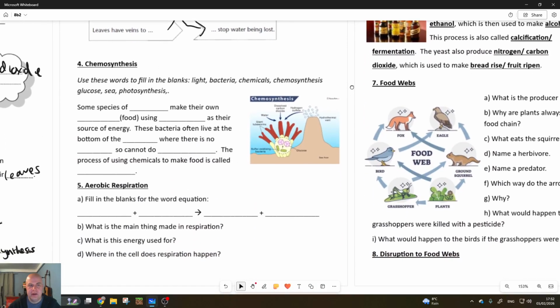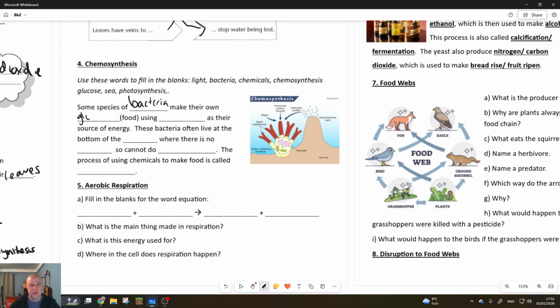Now we're going to look very quickly into the process of chemosynthesis and aerobic respiration. Now, photosynthesis is with photos, light. Chemosynthesis, of course, requires chemicals. So some species of bacteria make their own food. What was that called?